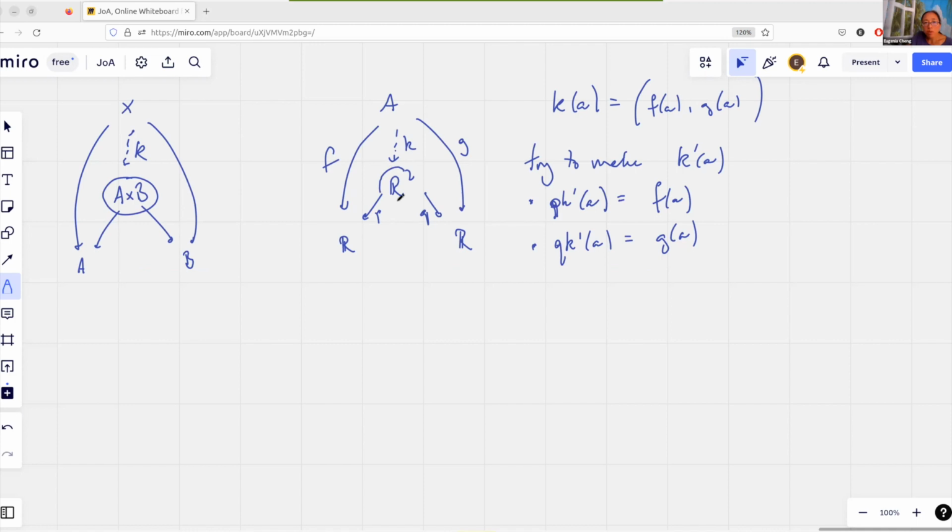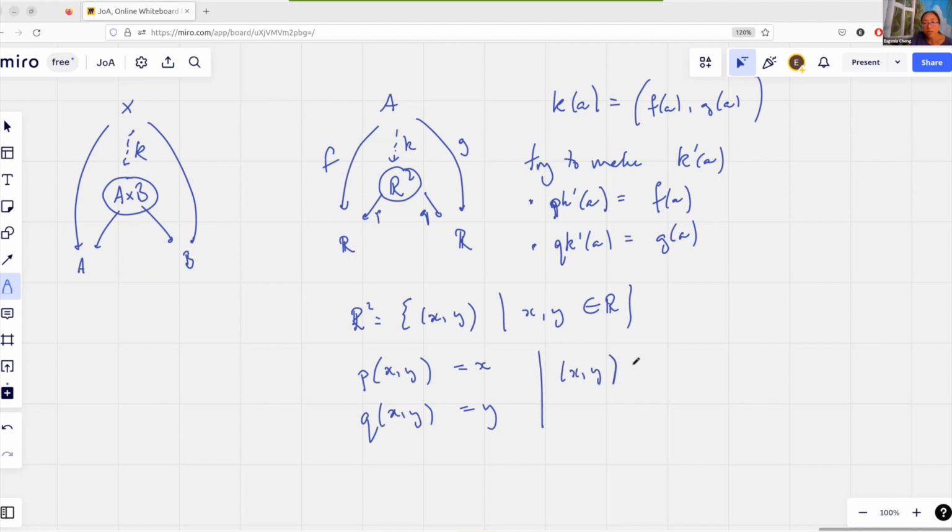So now we're going to look at what the definition of R squared is, right? The definition of R squared is pairs X, Y, such that X and Y are in R. The definition of P of X, Y is X, and Q of X, Y is Y. So what that means is that an element X, Y is P of itself followed by Q of itself, right?